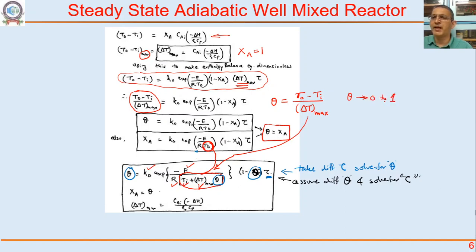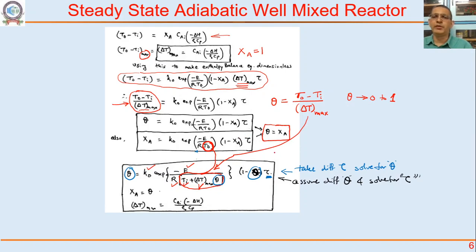We have made temperature dimensionless by defining the temperature change at any value of delta H or any value of conversion by what would be the maximum possible temperature rise if everything got converted. Right? So maximum value of theta can be 1 when XA is 1, everything gets converted. Right? Minimum value of theta would be 0 when no conversion happens, or if delta H is 0. Right?